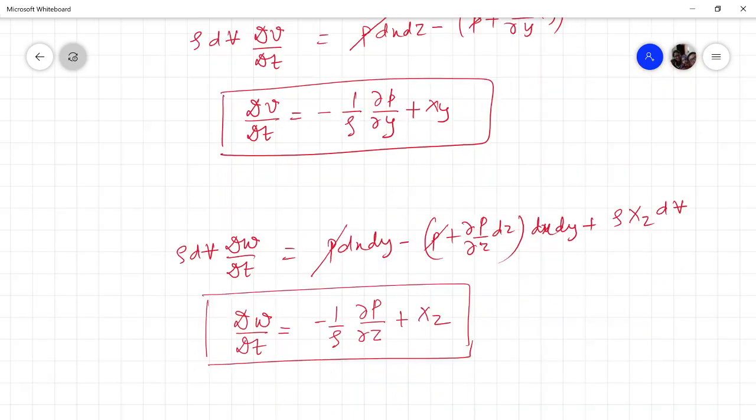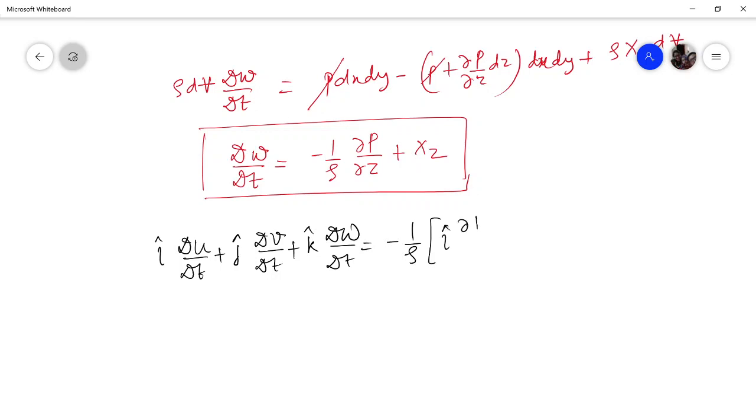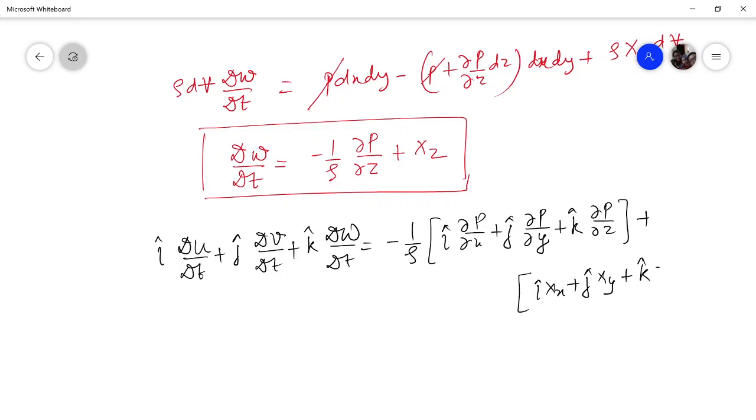When you write them collectively in vector form, what you will write is i du/dt plus j dv/dt plus k dw/dt is minus 1/rho times (i ∂p/∂x plus j ∂p/∂y plus k ∂p/∂z), and then this i Xx plus j Xy plus k Xz.